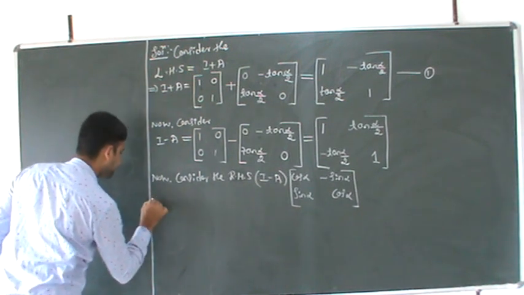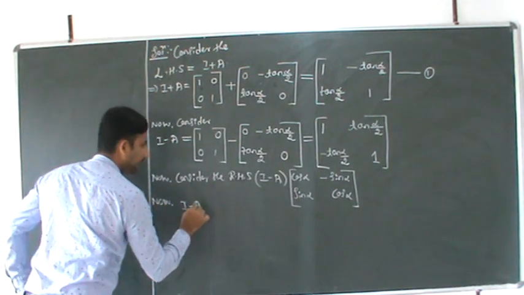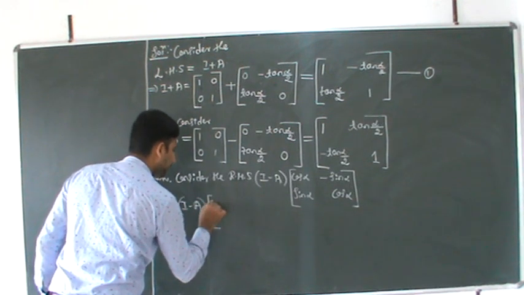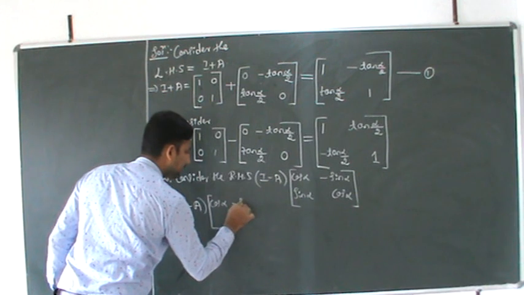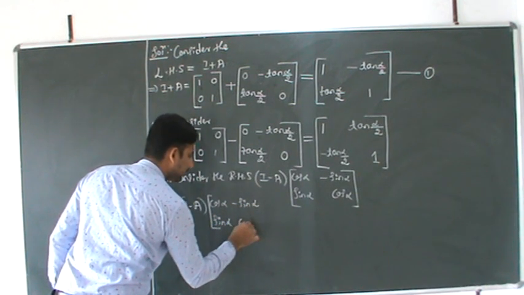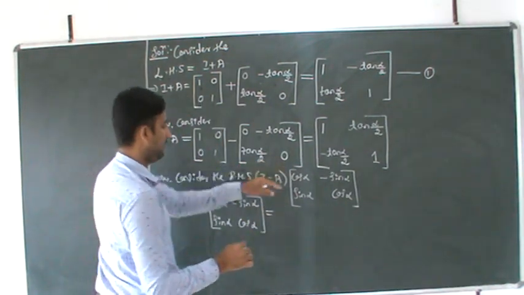Now I minus A into [cos alpha, minus sin alpha; sin alpha, cos alpha], which is equal to, what is the value of I minus A?